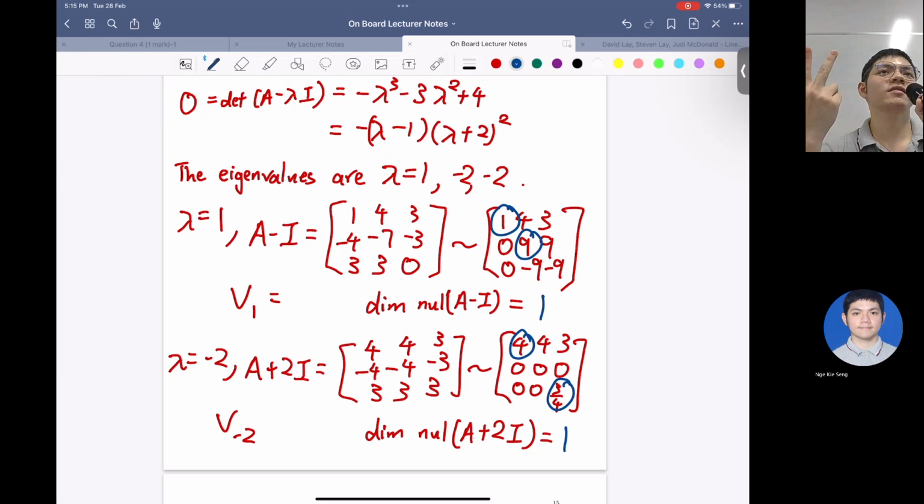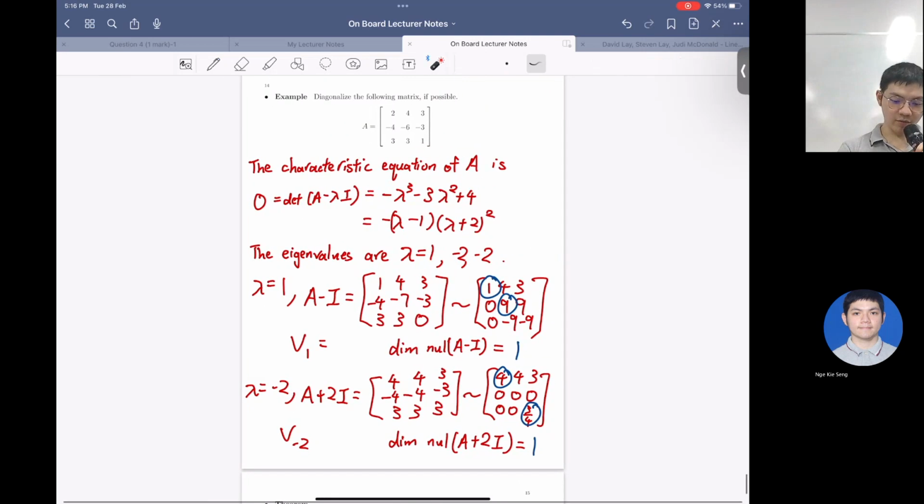But how many vectors do you need to make P here? This is a 3 by 3 matrix, so your P is also 3 by 3. So you need 3 vectors, but you only have 2 now. So you can never form P. This means what?